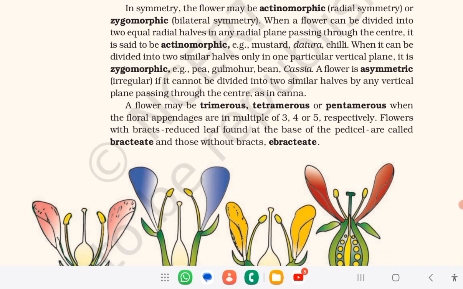A flower is asymmetric, irregular, if it cannot be divided into two similar halves by any vertical plane passing through the center, as in canna.